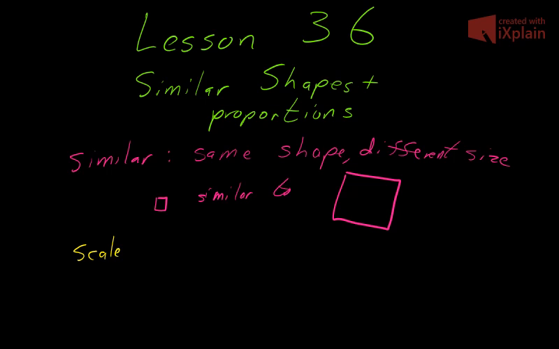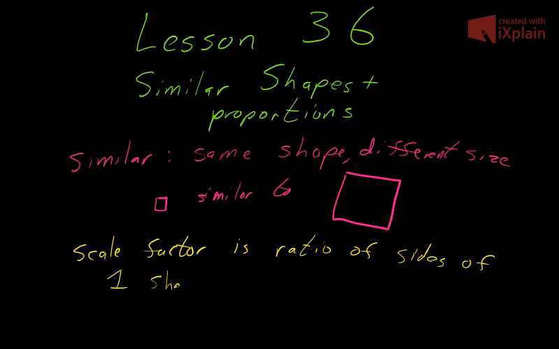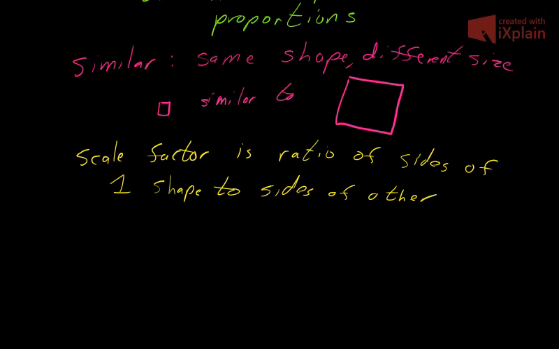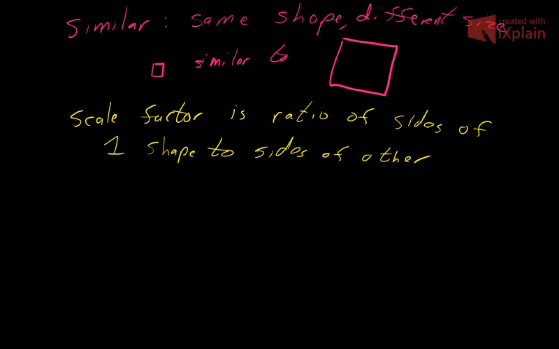A scale factor is the ratio of the sides of one shape to the sides of another. It sounds kind of silly, but it's going to be very, very useful.